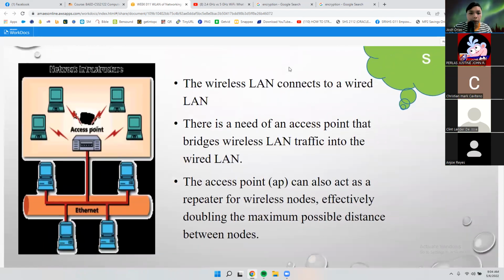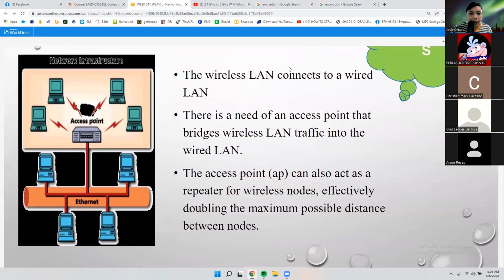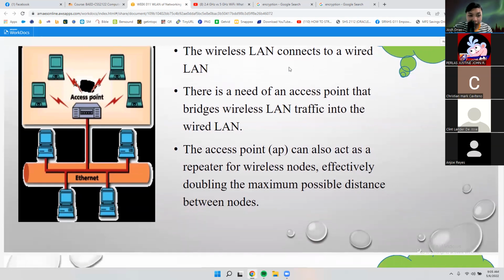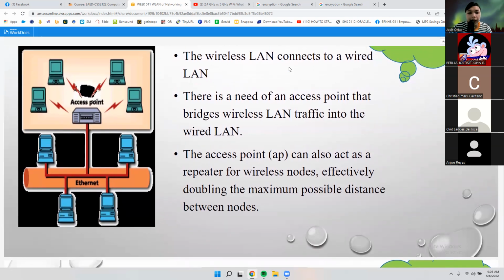Okay, so topologies natin, the wireless LAN connects to a wired LAN. Again, wireless pa rin, the wireless LAN, backbone pa rin is LAN, which is with UTP cable. There's a need of access point that bridges the LAN traffic into the wired LAN. Okay? Usually gumagamit din naman ng bridges. Okay?